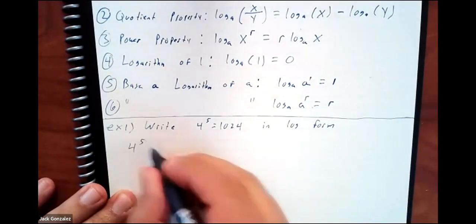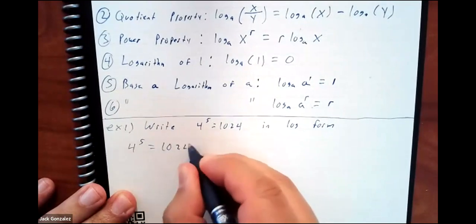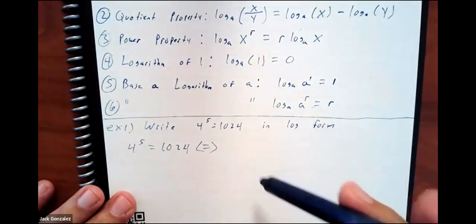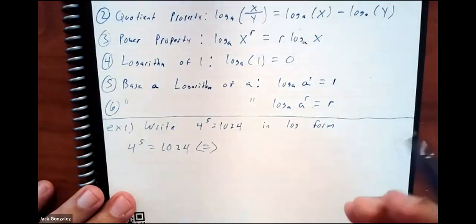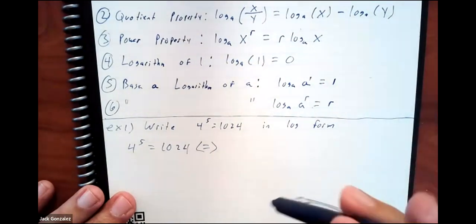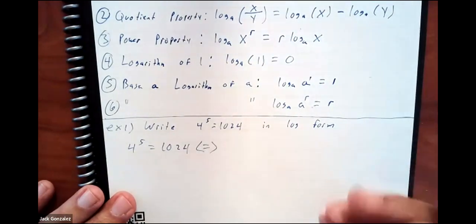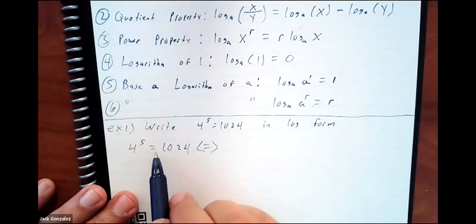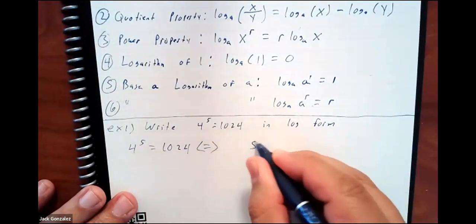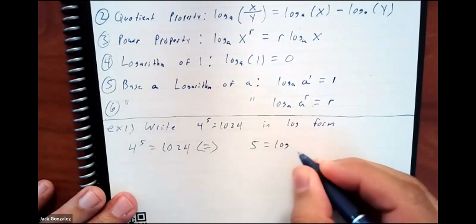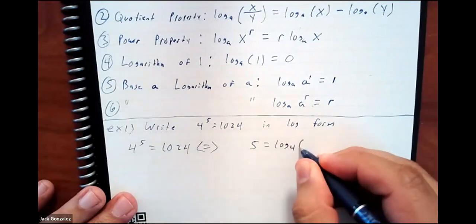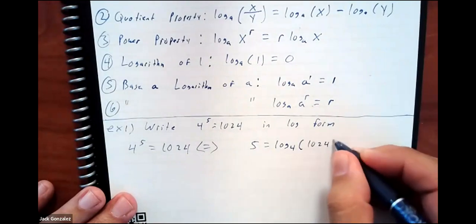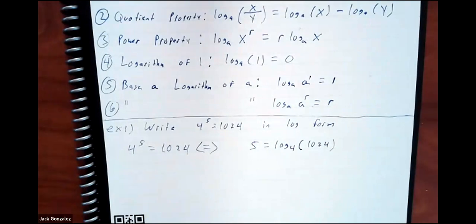The 4 to the 5th equals 1024. So we said this is the y, so 5 equals log base 4 of x, which is the 1024. That's it.